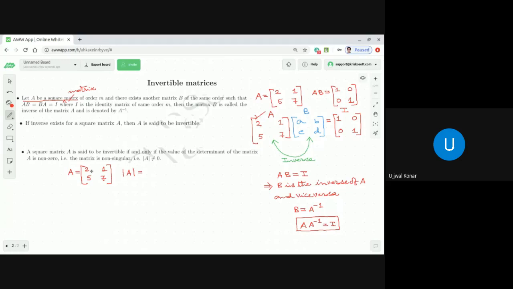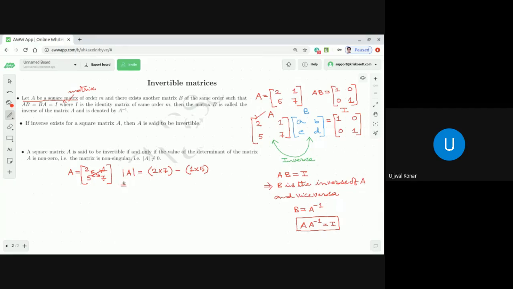So first we multiply 2 and 7. So that is 2 into 7, then minus 1 into 5, the other two elements. So what do we get?